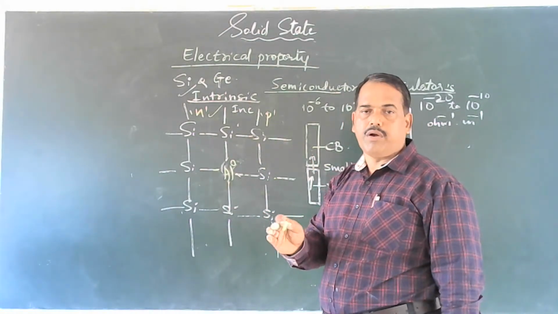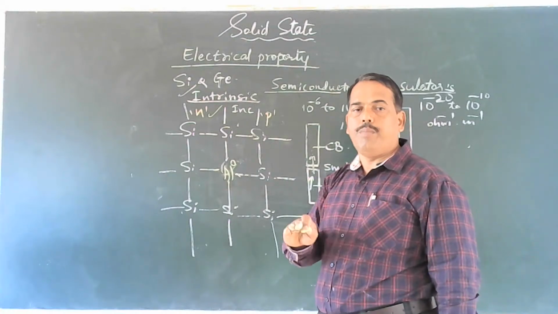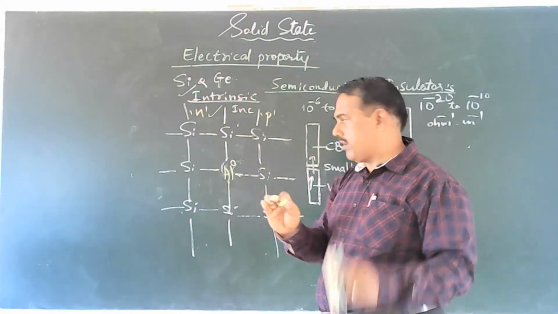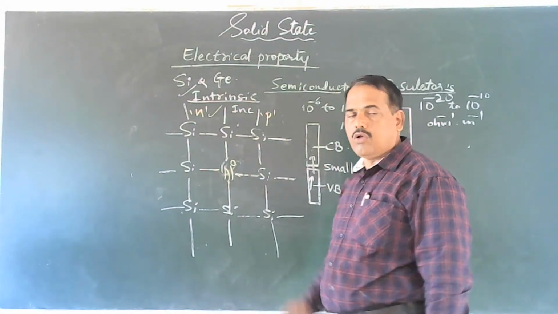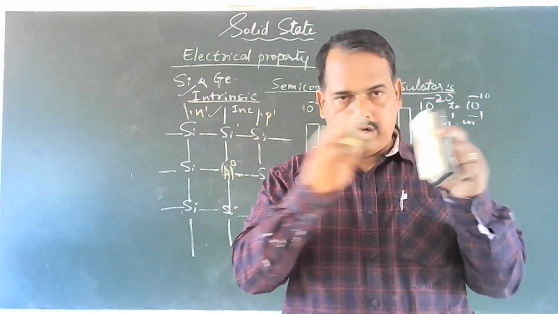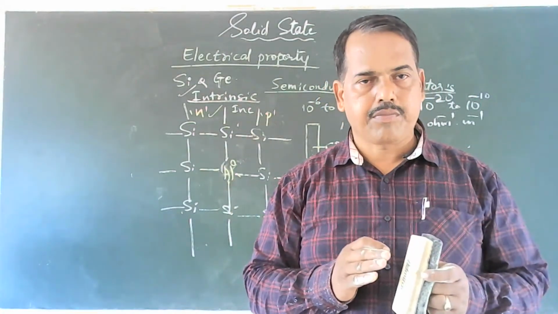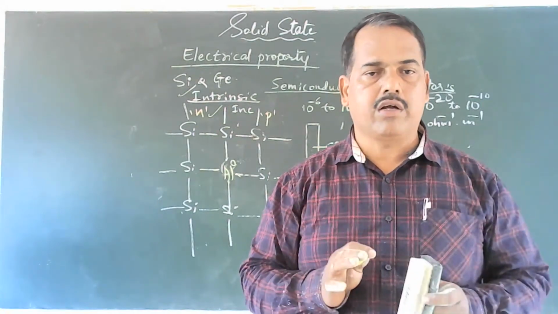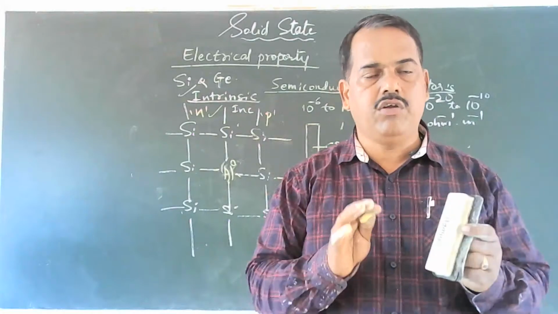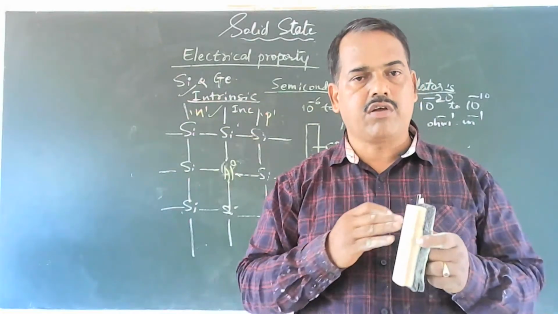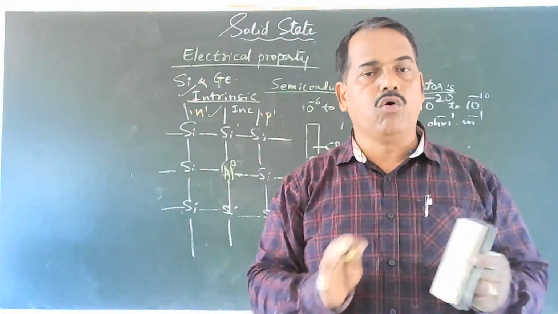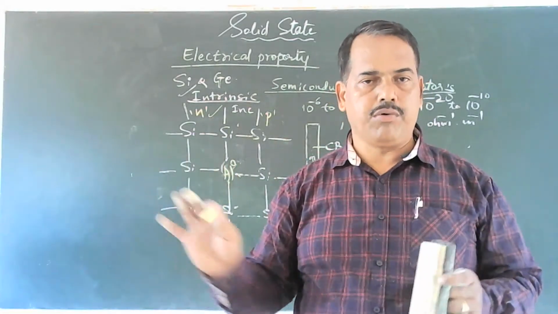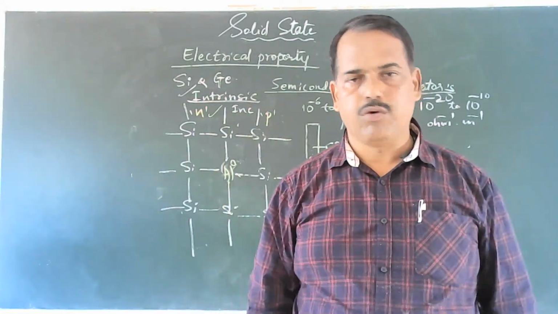If its semiconducting property is increased by doping with 13 group elements like aluminium, the hole is responsible for the current. You have to remember the tetravalency of silicon, that silicon is a normal semiconductor, and its conductivity is increased by doping it with either an electron rich impurity or an electron deficient impurity. That much you have to remember.